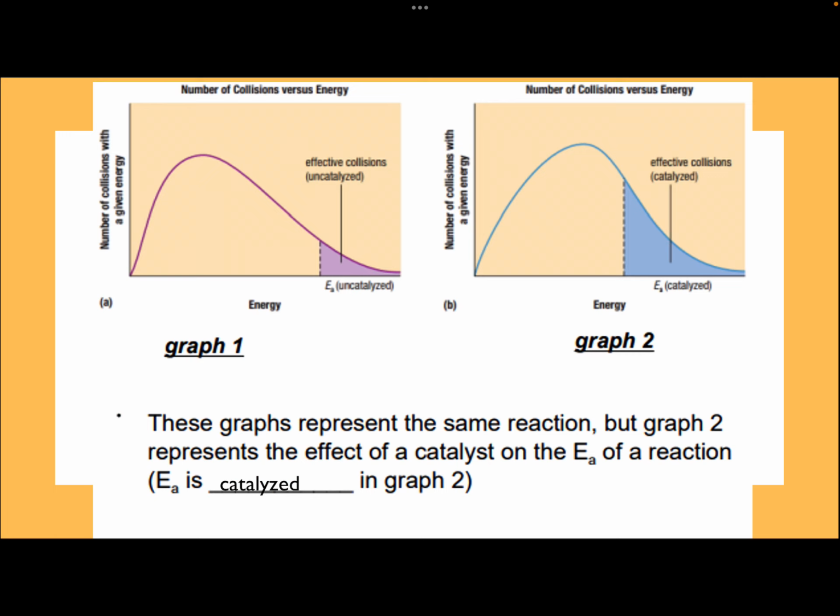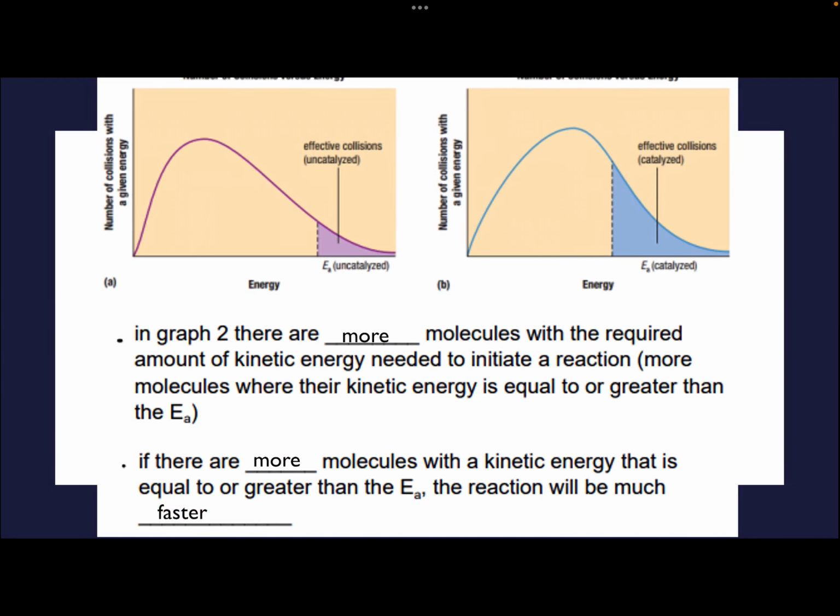Okay, so we are going to have a much earlier and a much larger activation energy, and that's going to cause more collisions going to happen because this whole area is catalyzed energy. This area is not. So therefore, we're going to have more collisions, more products being formed.